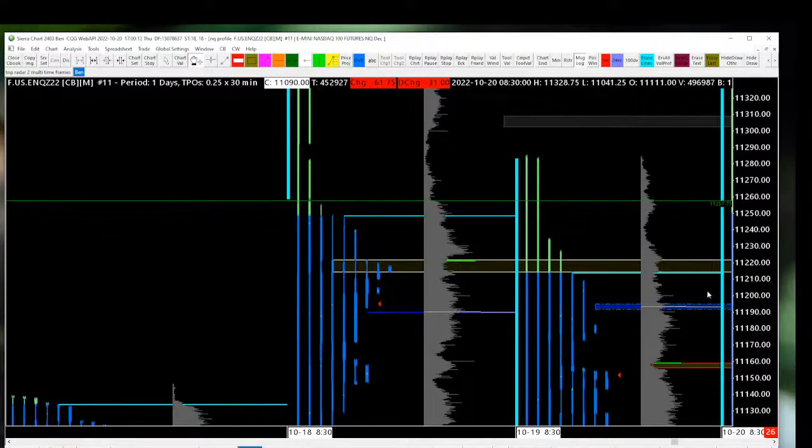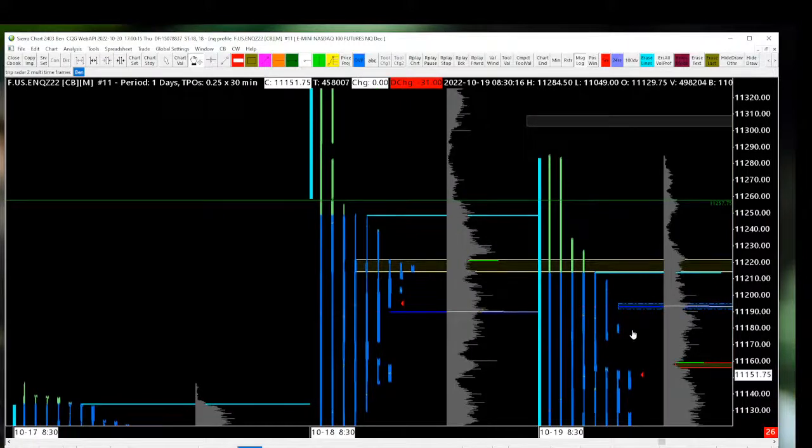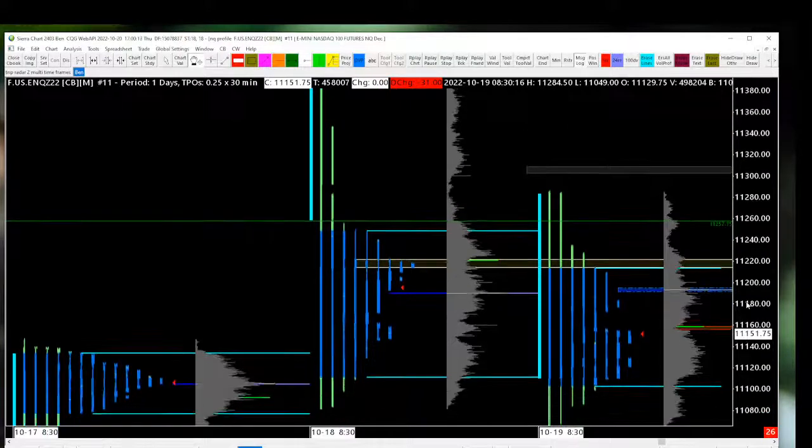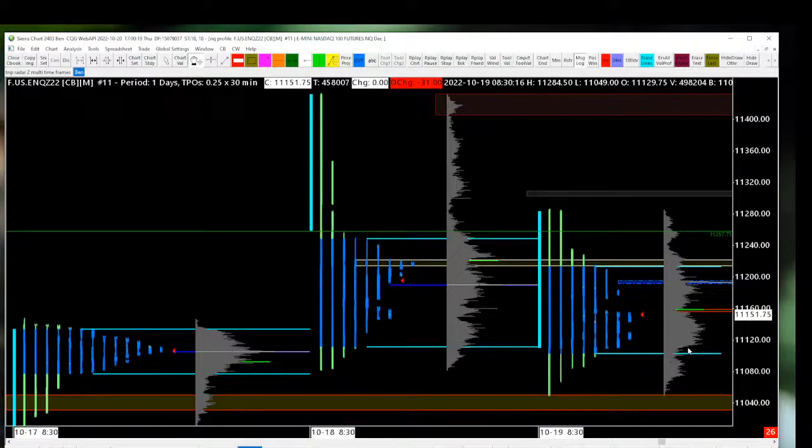Feel free. So the blue is the point of control from the previous regular trading hours. Then my low volume nodes or low volume areas are marked by this tan, brown color and the red outlines. That is the low volume nodes from previous days.